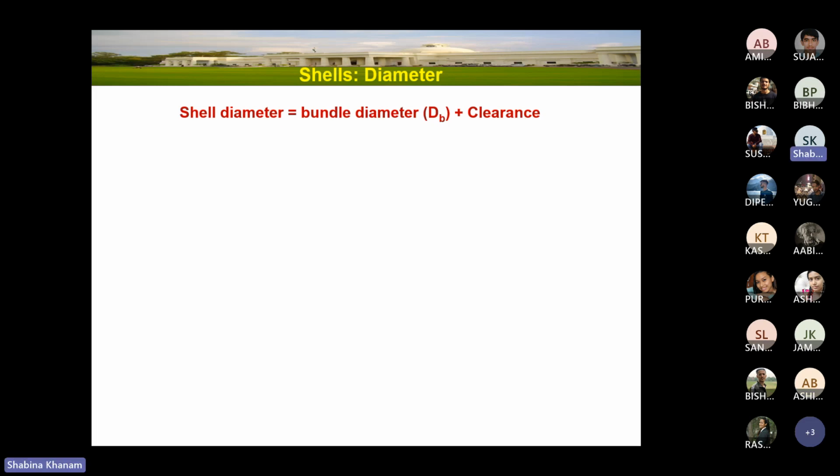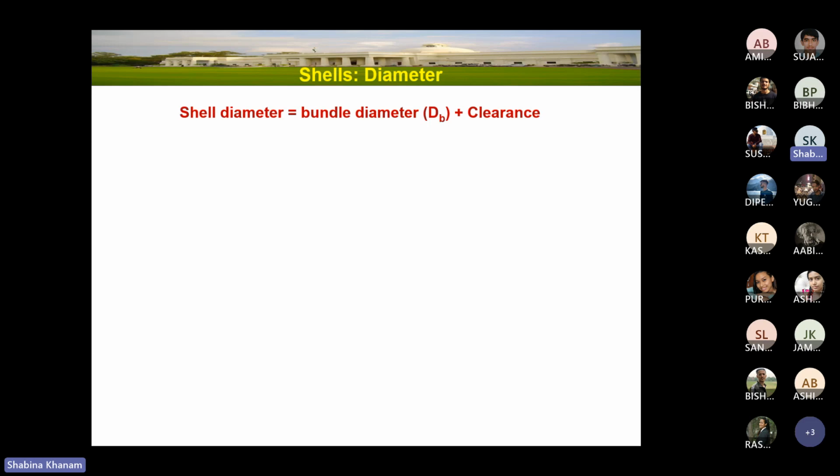Okay. As far as the shell diameter is concerned, how we calculate that depends on the bundle dia plus clearance. Bundle dia, which we have already discussed: the tube sheet is there, tubes are there, tie rods are there, spacers are there, baffles are there. All these make the bundle. So what does bundle diameter mean? Bundle diameter is the diameter of the outer periphery of the tubes.